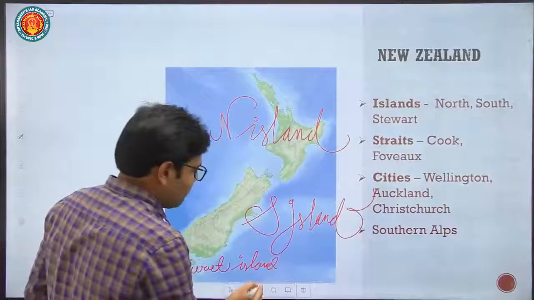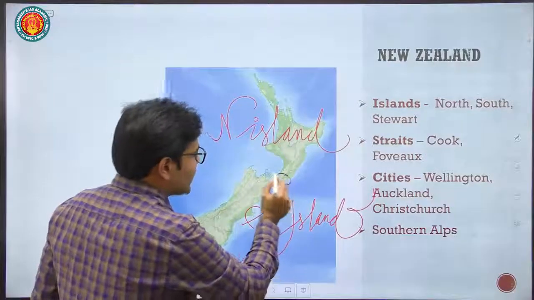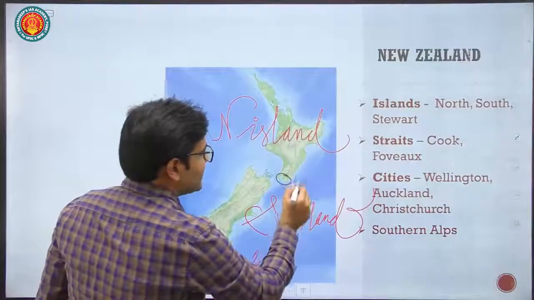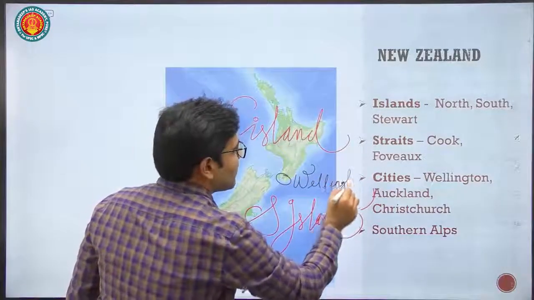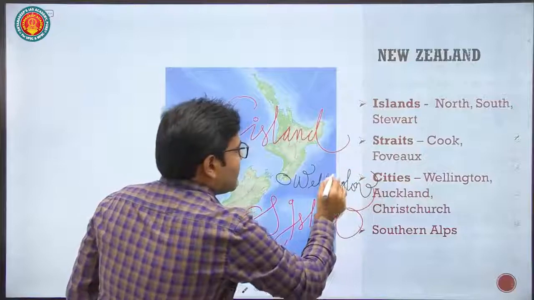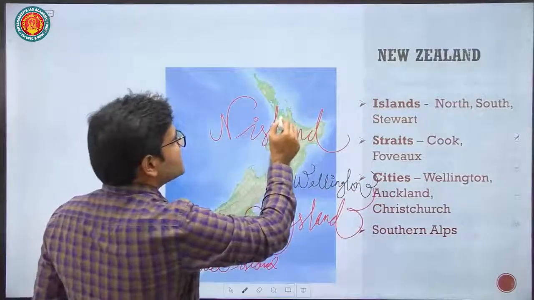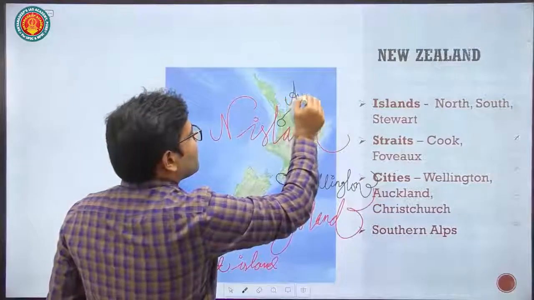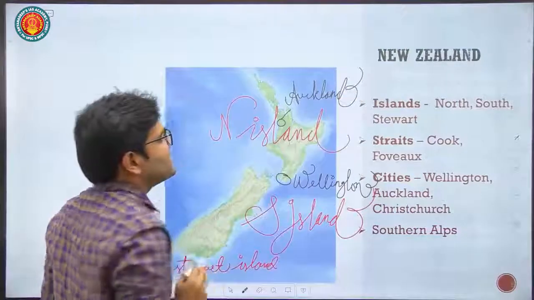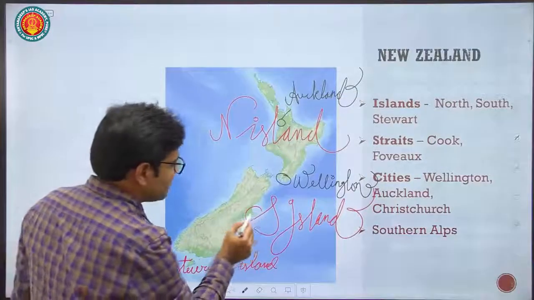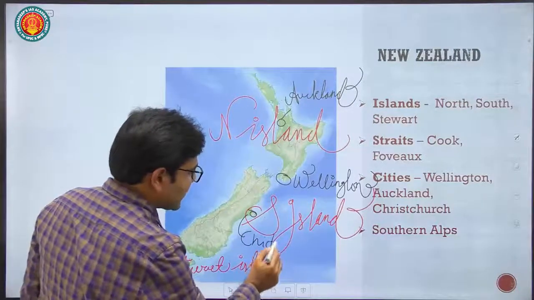The capital of New Zealand is Wellington, and it's located in the southern part of the North Island. Similarly, the most populous city of New Zealand is Auckland, and Auckland is again in the North Island. In the South Island, we have a city called Christchurch.